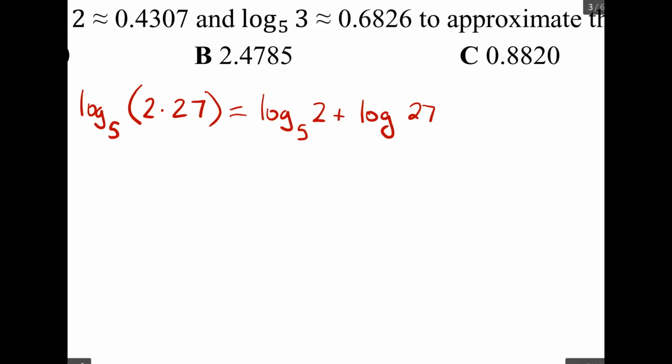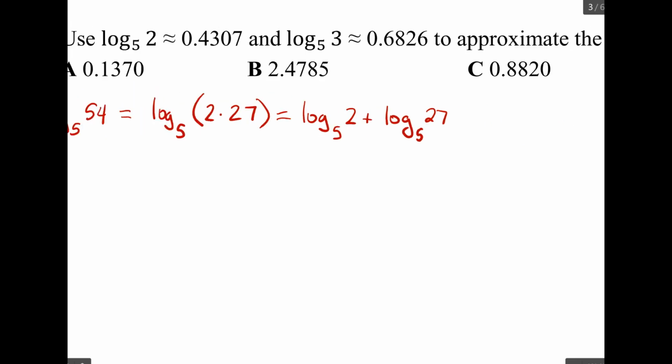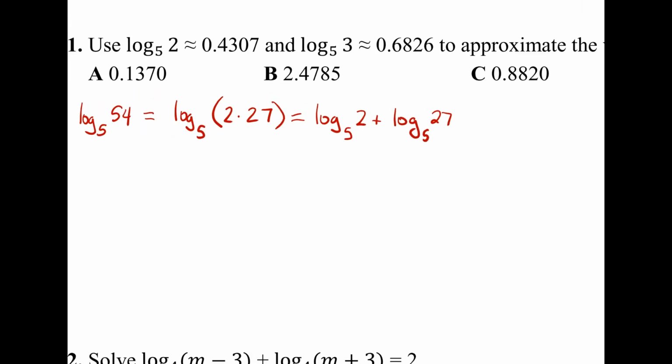We know log 2 is 0.4307, plus put the other in the calculator. Well, we're supposed to approximate it using these two values. Okay, I need to do log base 5 of 3 times 9. 3 cubed? Yeah.